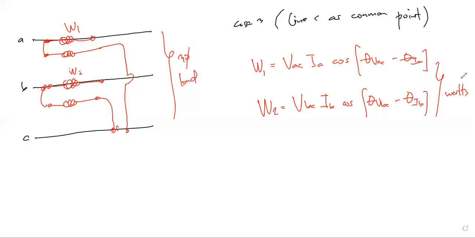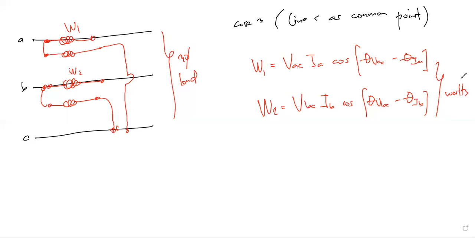Now the next question is, after obtaining the reading of the wattmeters, how do we get the total power drawn by the circuit once we have the readings of the two wattmeters? That would be the question.